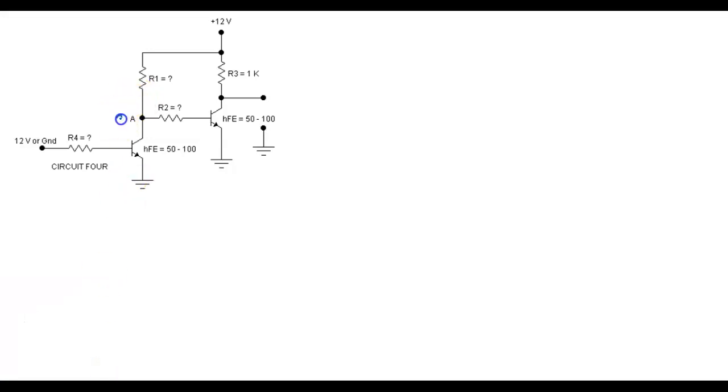So what do we want right there? 3 volts. Okay, so we can calculate IC sat. What's IC sat? Yeah, 12 divided by 1K.